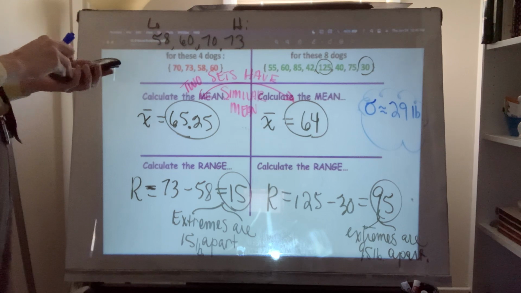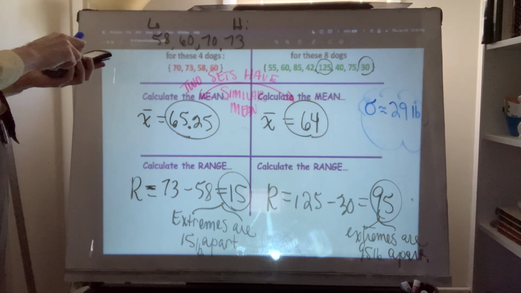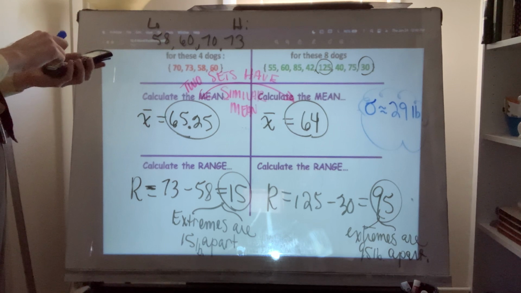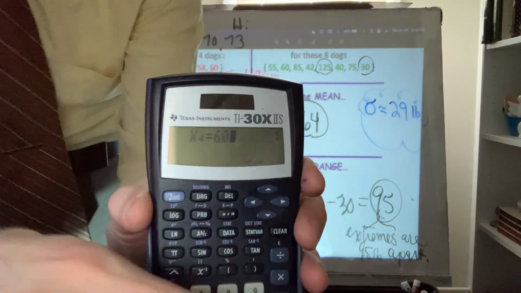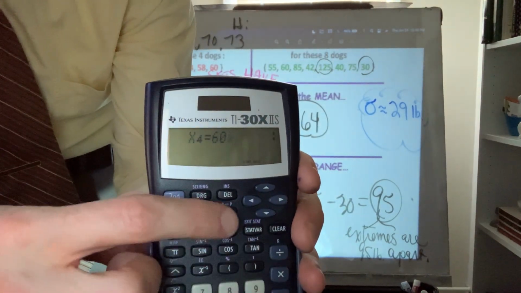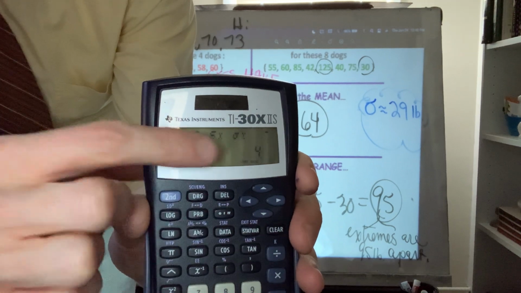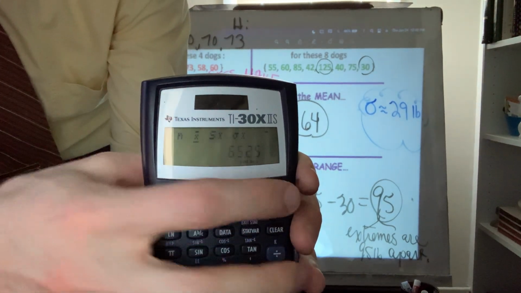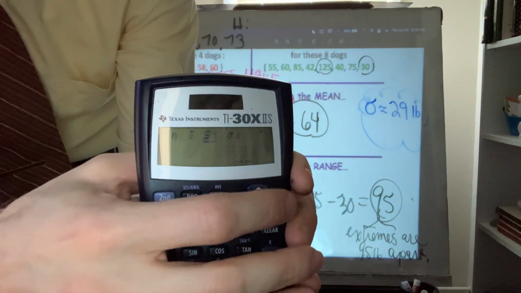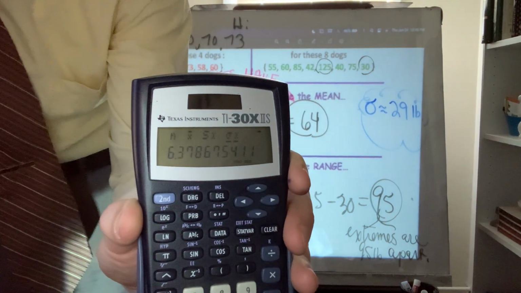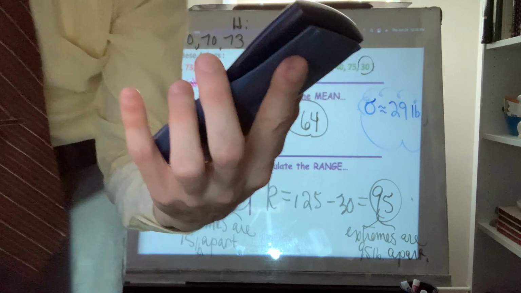And then I'll enter 70, 73, 58, and 60. You'll see that here, four data values for the original set. Here's the average, 65.25. And if I go to population here, 6.3, almost 6.